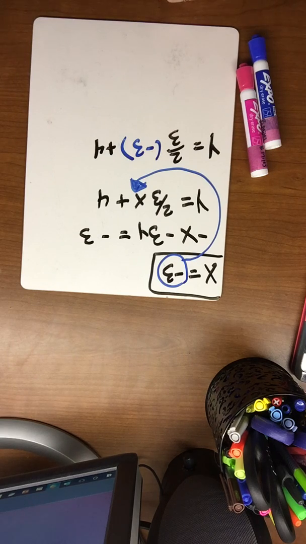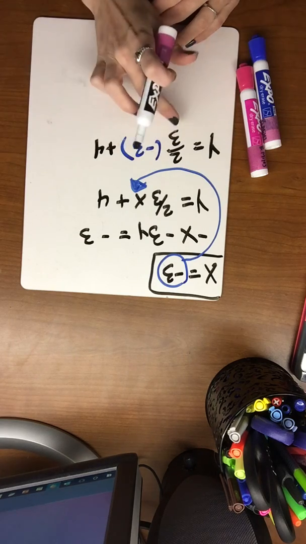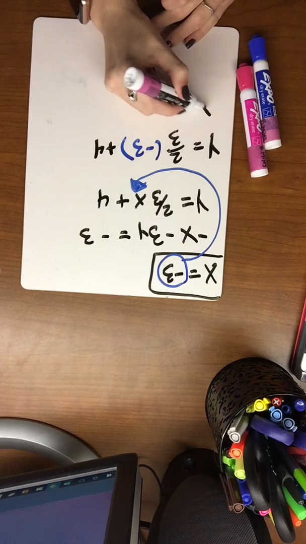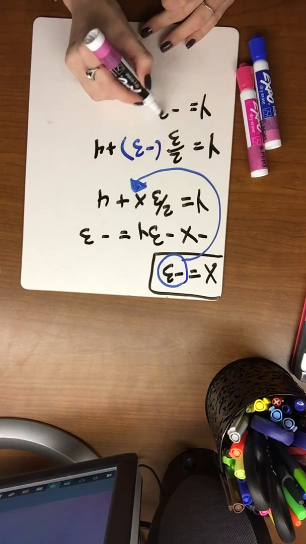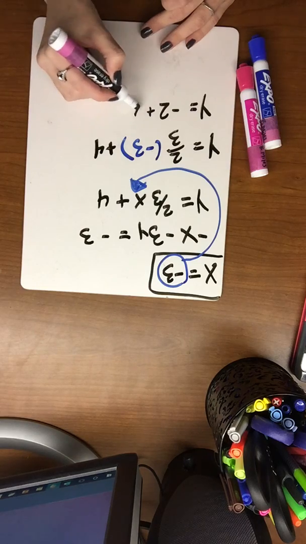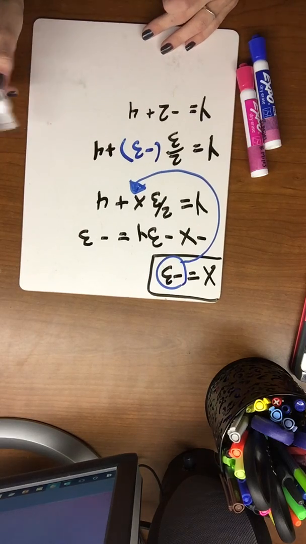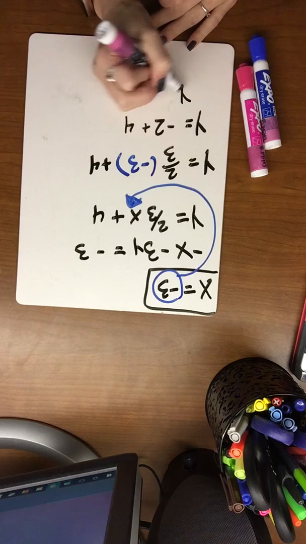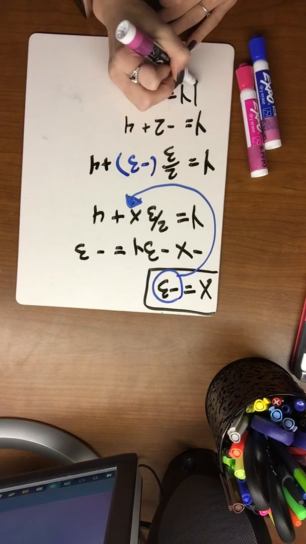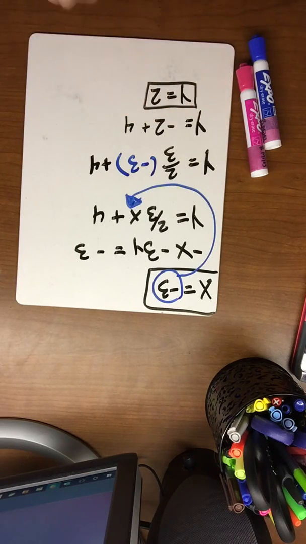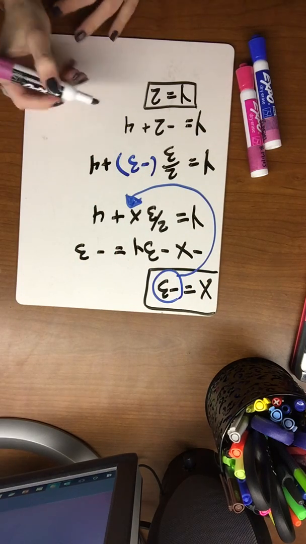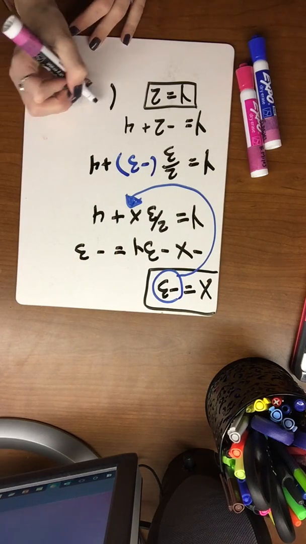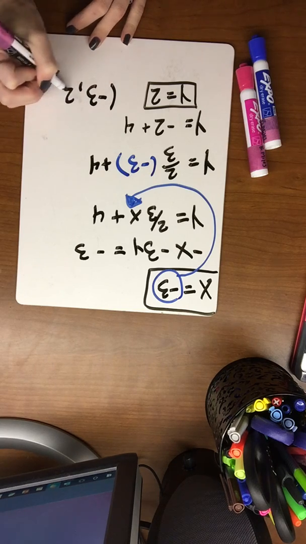Then I will solve for y by combining like terms. 2/3 times negative 3 is negative 2, plus 4. So y equals 2. We found our x and we found our y. So the solution to this problem is negative 3, 2.